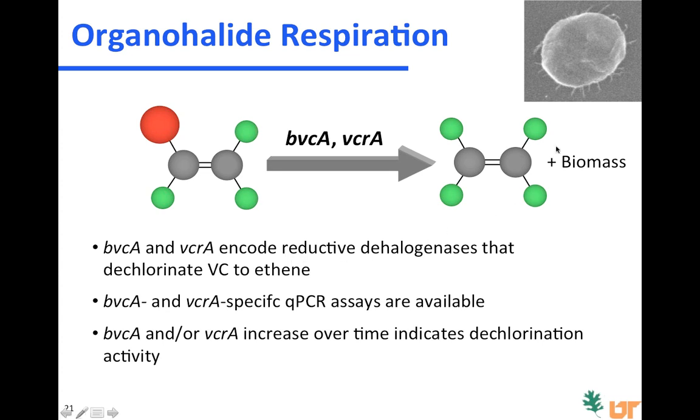In other words, if you measure biomass using 16S rRNA gene targeted qPCR assays targeting Dehalococcoides genes, you can also conclude that this process is active.